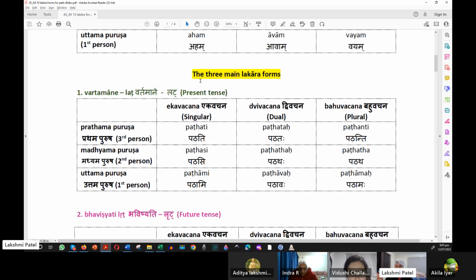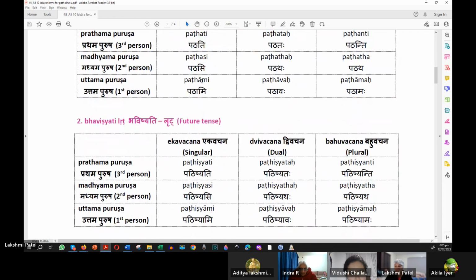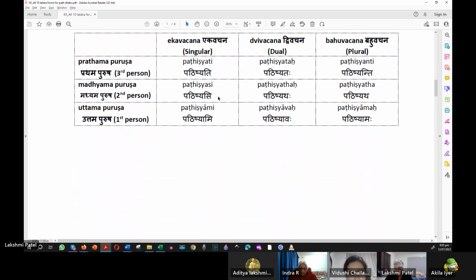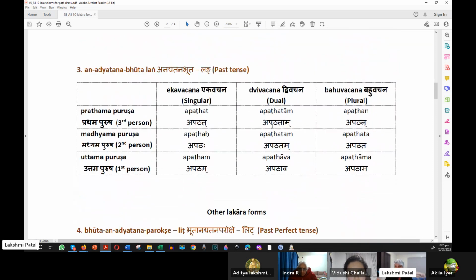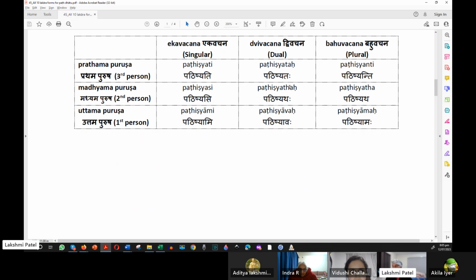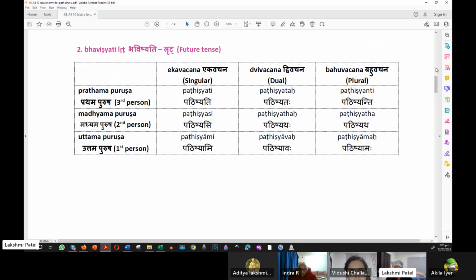So lat, rit, and lung. Okay. So these three I've put down on top because these are the ones that we tend to come across most often and we are going to use most often. So these we already know. We have already learned this.